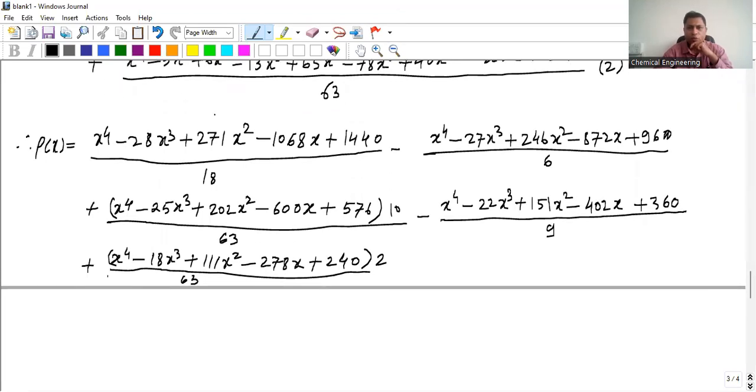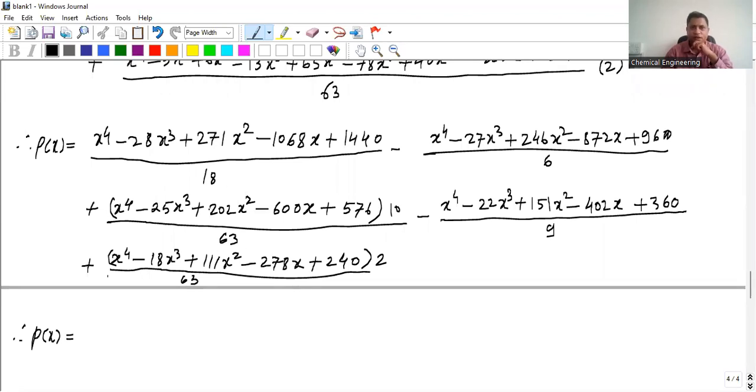Now we can think what is going to be the LCM of all these terms. So we have p of x is equal to, what can be the LCM? We have the number 6, we have 18, we have 63. So 9 is already included in 18 and 63, so we don't have to think of 9. 6 is already in 18, so we don't have to think of 6.